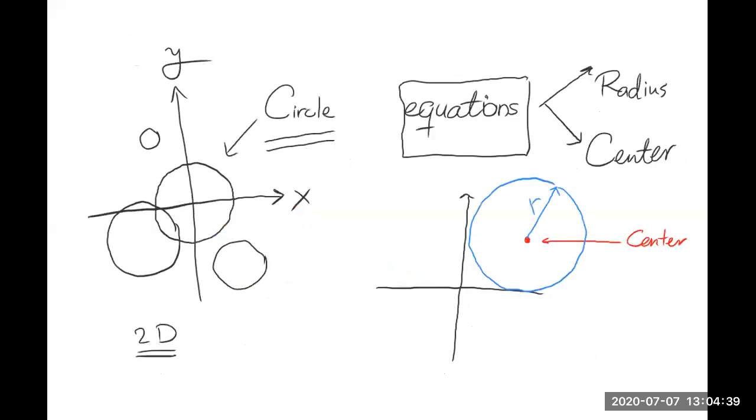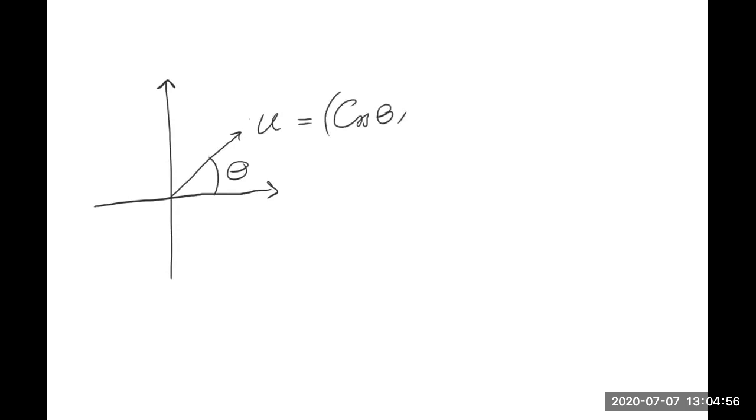I would just mention that this is something we would talk about later. He said, if we have a vector V, we can get a unit vector U. I said if this angle is theta, U is cosine theta, sine theta. The question was if we can do something similar in three-dimensional space.